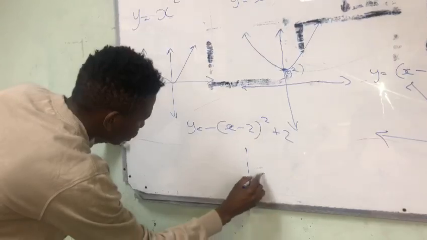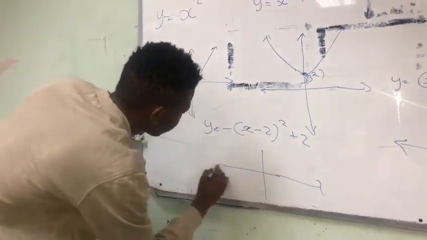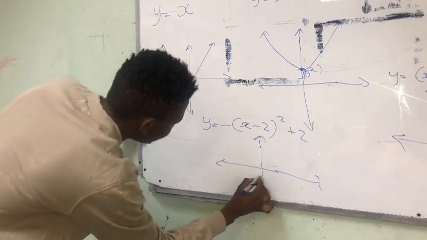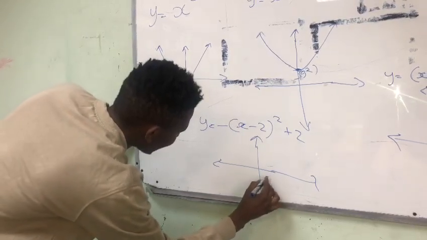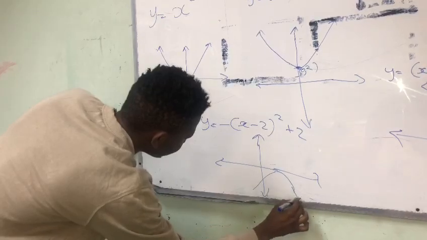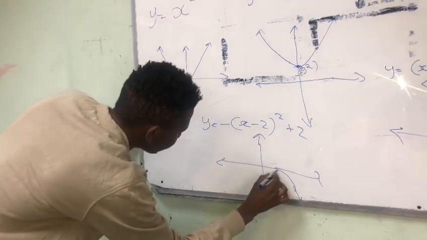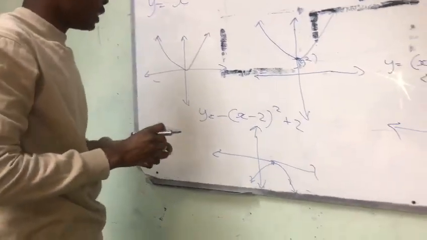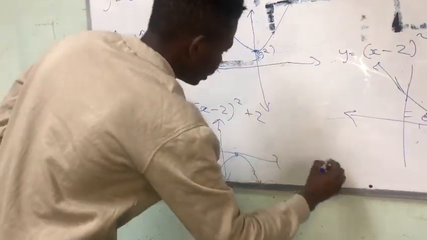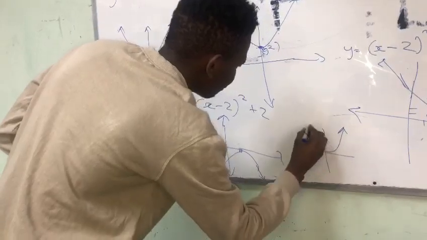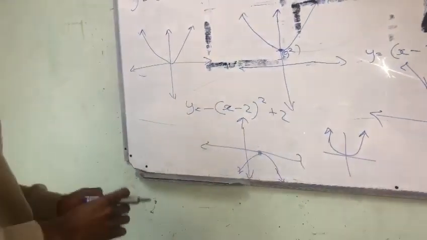Our graph will be a concave down, because of this negative. It will face down, right, people? Then if it is positive, it will face up. It's a concave up if A is positive, right?